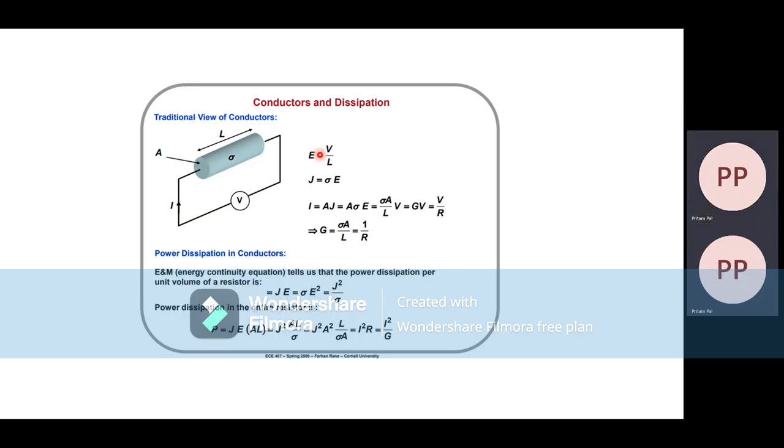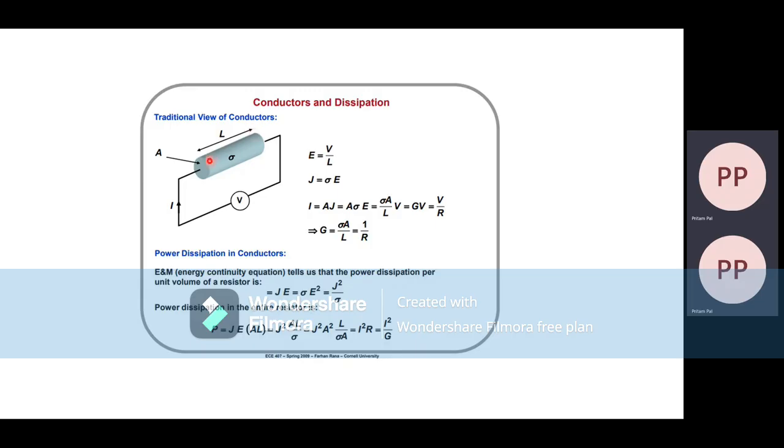So this is the traditional view of the conductor, where the length is L and the cross section is A, and current is flowing from this point to this point. So we have applied a voltage.